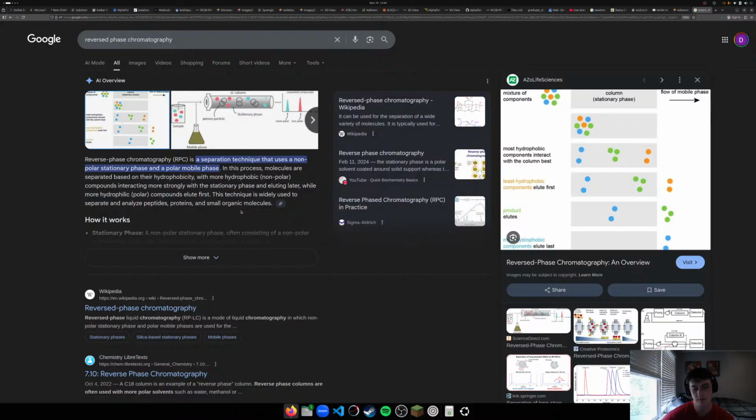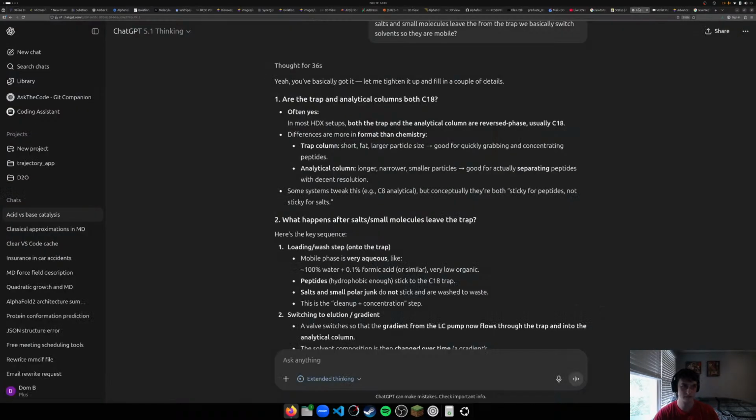I guess they have to define something to separate the two. It's a separation that uses a non-polar stationary phase and a polar mobile phase. So the hydrophobic regions are the ones to leave last.